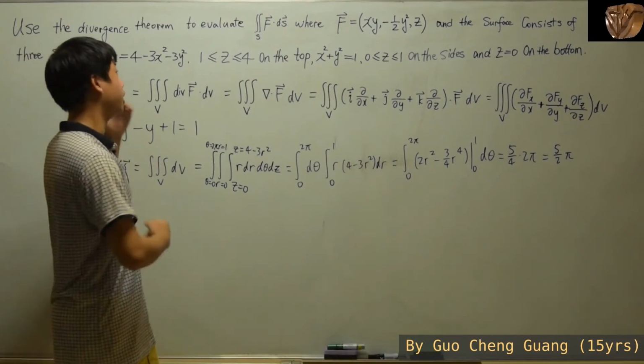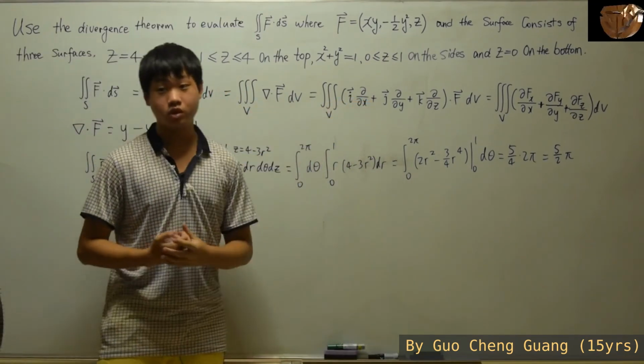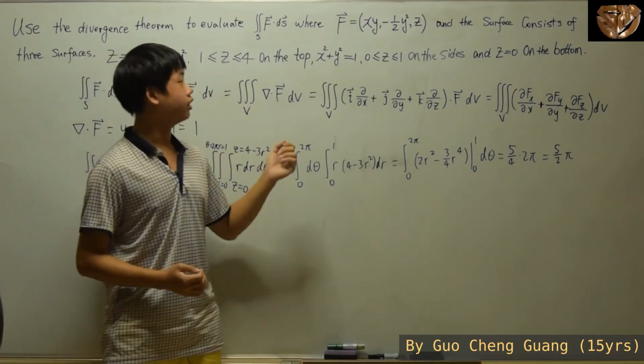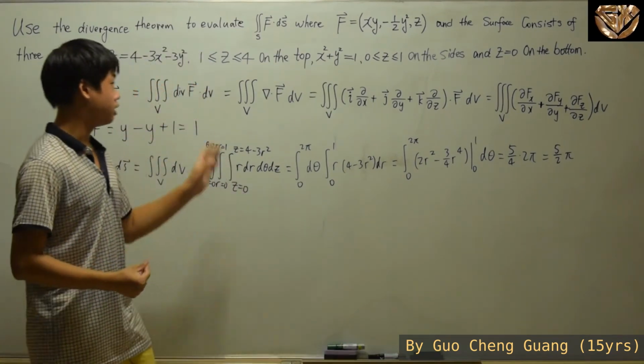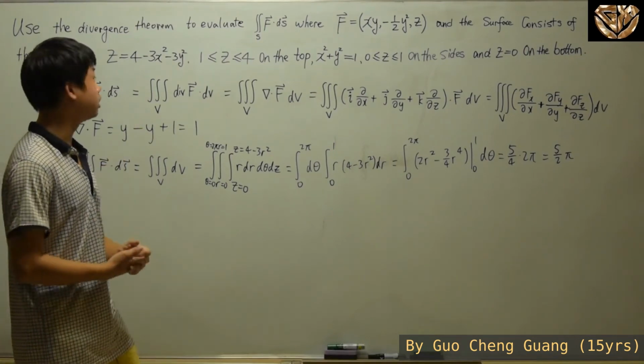So, in conclusion, these are the few forms of the divergence theorem that you might want to know, since whether you're given this or just f, it will be quite helpful to know these different forms so that you know which one you want to exactly use.